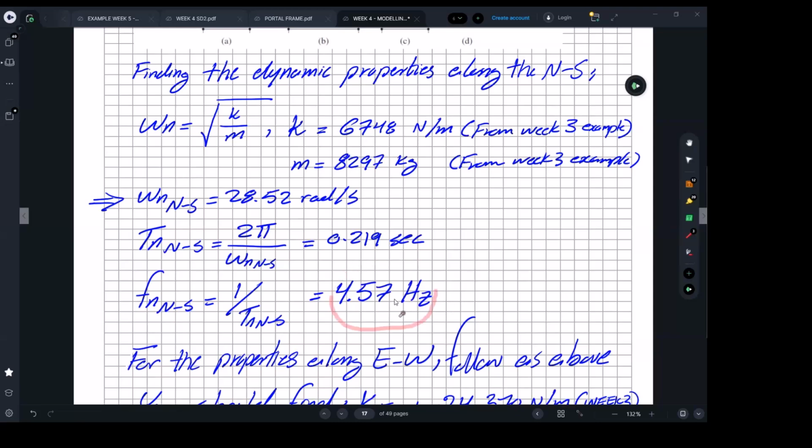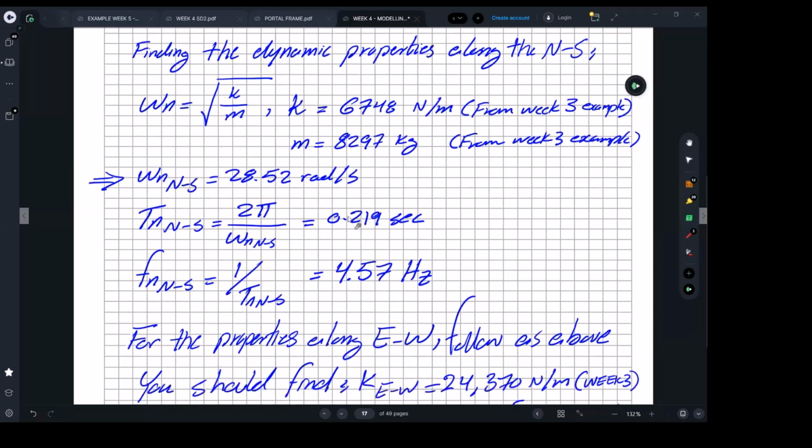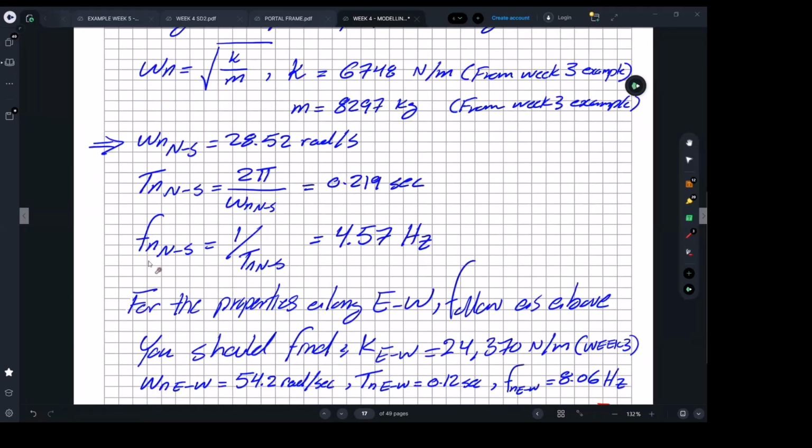So the answer for the north-south direction is 28 radian per second, and for the cycle frequency, it is about 4.5 hertz.